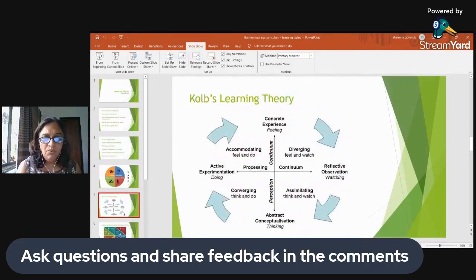Okay. Now, what I'm going to talk about here is a different learning theory, which I find very interesting to know. It's called the Cobb's learning theory, and it talks about both theory of how learning happens as well as certain learning styles that are dominant at each stage.